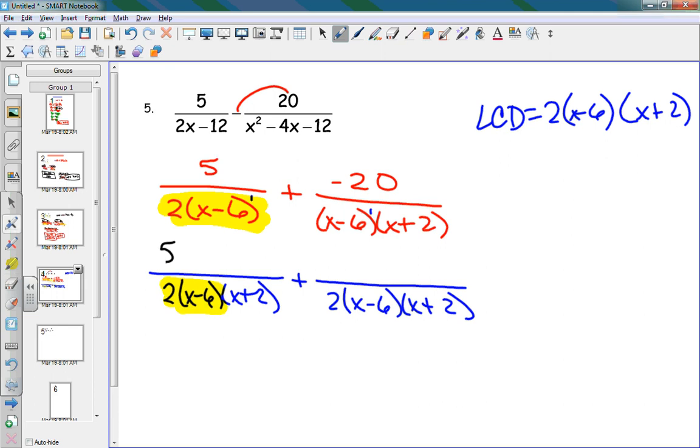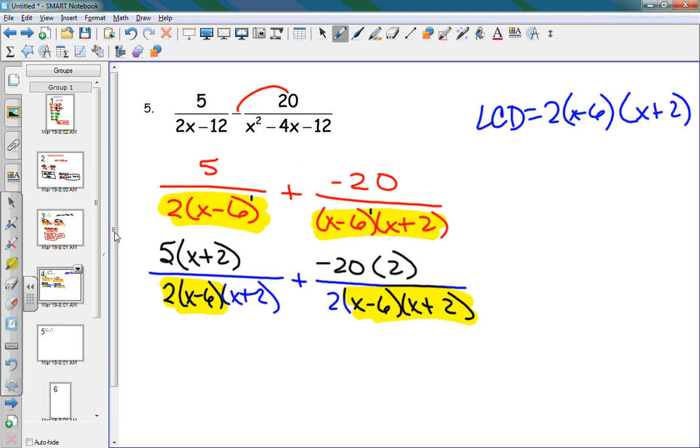So I bring down the 5 and I tack on the x plus 2. Over here, I have x minus 6 and x plus 2. So what do I need to tack on? Negative 20 times the 2. The negative 20 I just drop down. The 2 I have to tack on because that's what needs to get a common denominator. Are we all good? Sure.